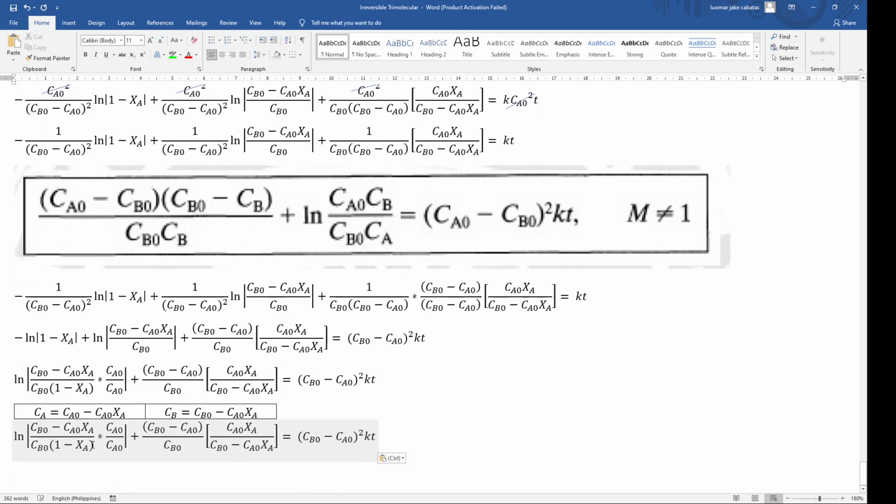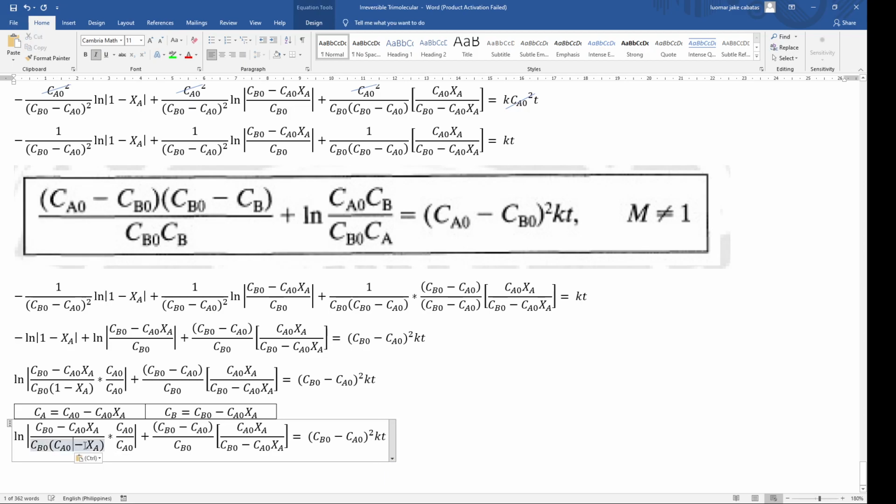So this will become that, and then this is multiplied by C_AO. And then this one is equal to C_B, right?